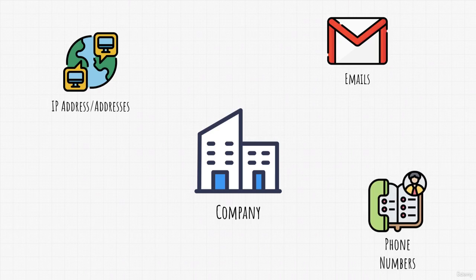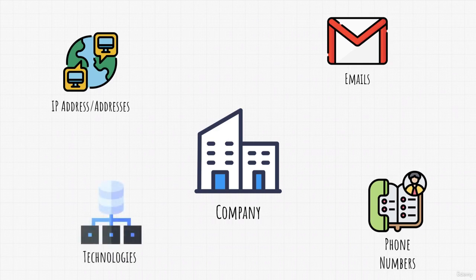But most importantly, and what we're mainly interested in, are technologies that the target has. If it was a company, we would want to know how many networks they have, what software is running on their machines, what operating systems they have. If it was a website, we would also want to know how that website was built, which programming languages it has. Does it have JavaScript or PHP, for example?